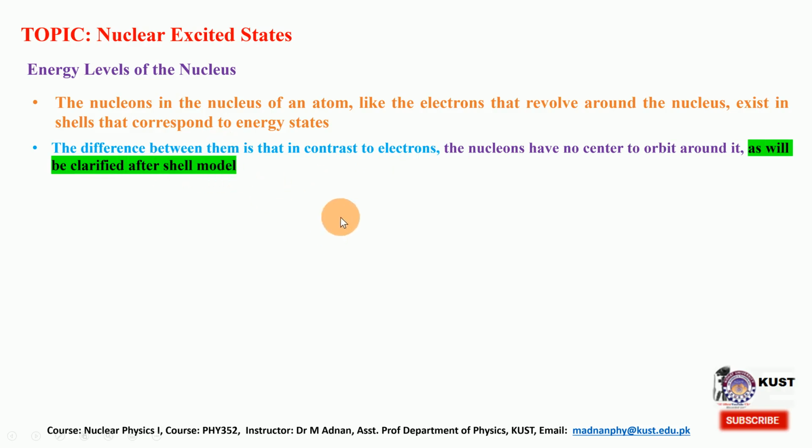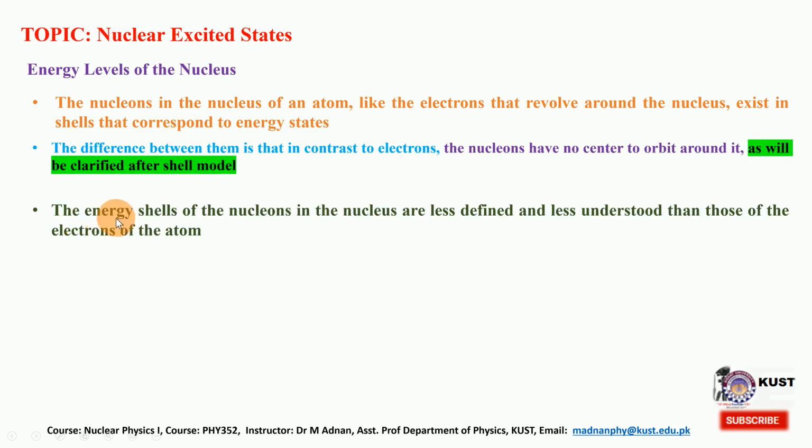In the atom, the electrons are orbiting the nucleus in well-defined orbits, but in the nucleus, nucleons have no center to orbit around; they are moving under an average central potential that we will be discussing in the shell model part. The energy shells of the nucleons in the nucleus are less defined and less understood than those of the electrons of the atoms.